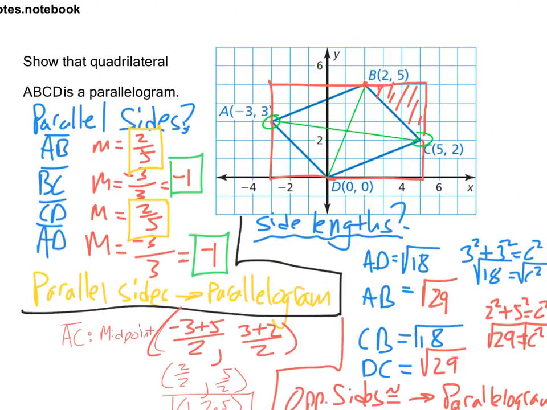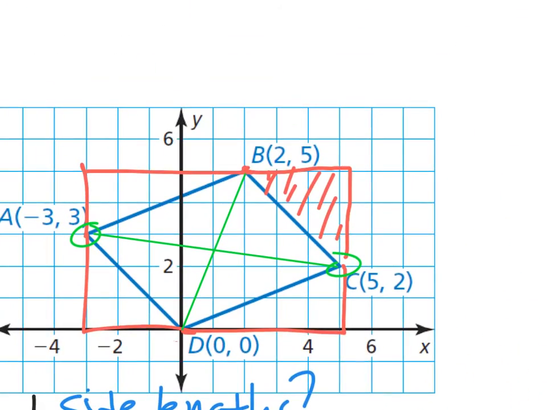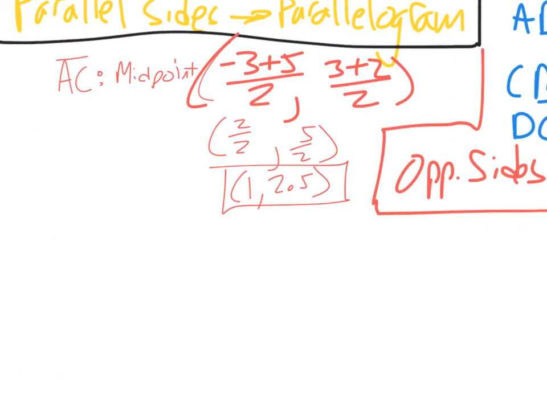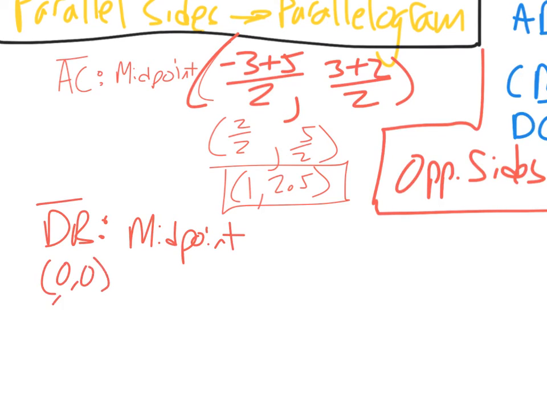So now we got to go the other way. Let's look at these 2 points. Let's look at D, which is at 0, 0, and B, which is at 2, 5. Where's the midpoint going this way? I'm hoping it's the same thing. So from D to B, let's find the midpoint there. Let me write those down. They were 0, 0, and 2, 5.